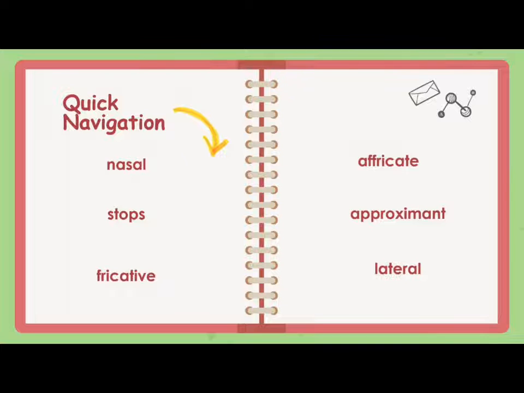In this part, we have a quick navigation of the topics we want to discuss. First one is nasal. Second one is stops. Third is fricative, also affricate. In addition, approximant, and the last one is lateral.